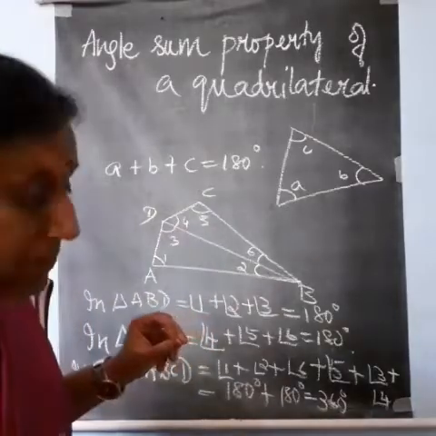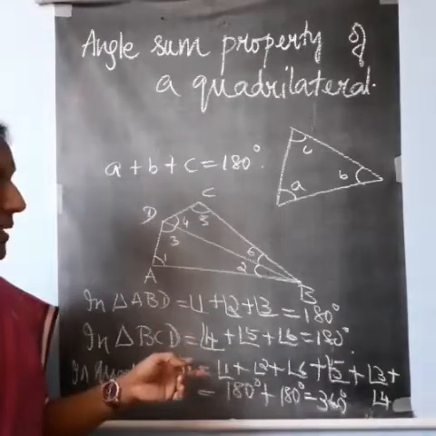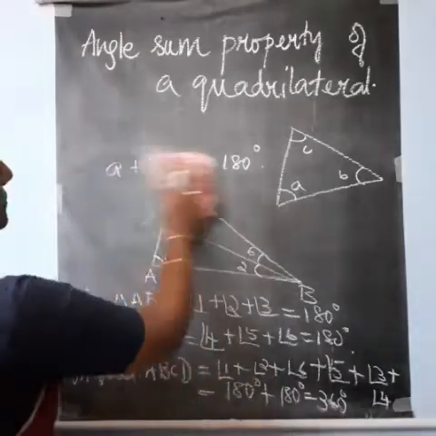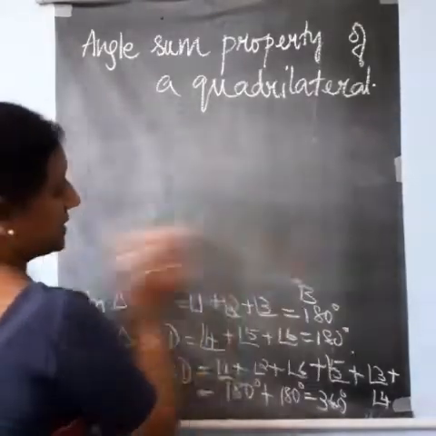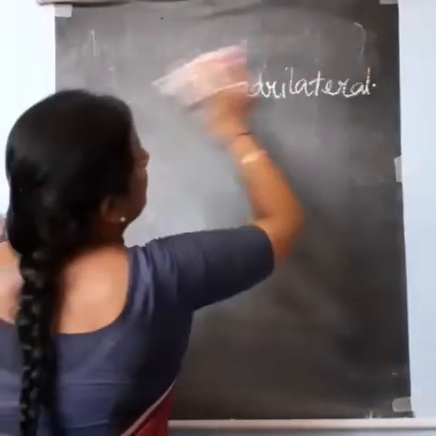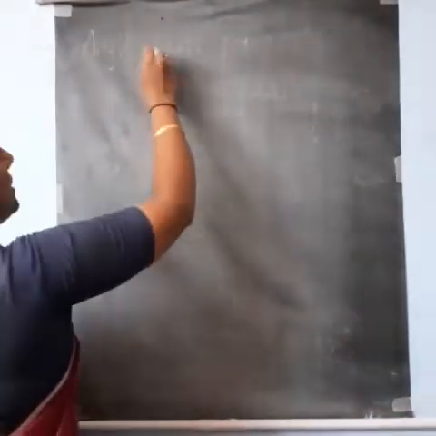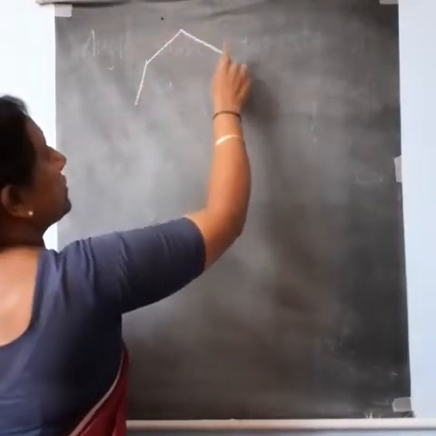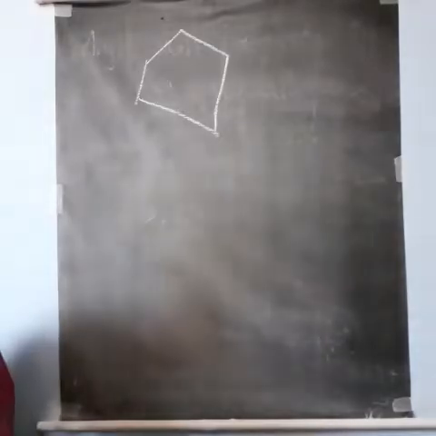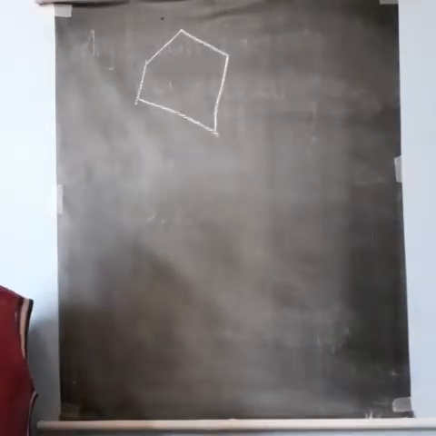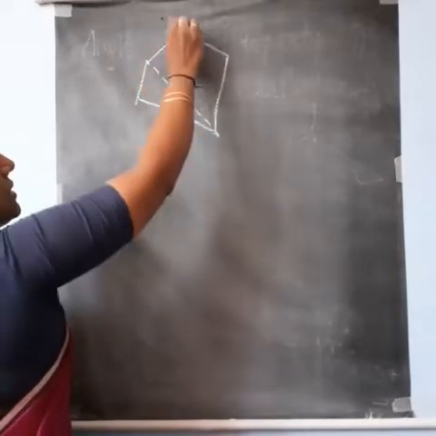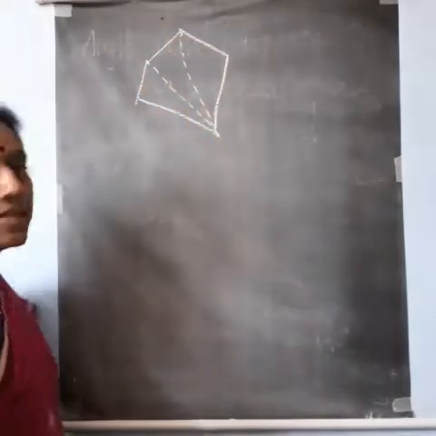Now let us see if this same property can be extended for a five-sided figure. So, in case of a five-sided figure, what do we see? Take any five-sided figure, 1, 2, 3, 4, 5. Let us see how many triangles this can be divided into. So, this is one triangle, right? And this is another triangle. Yes?